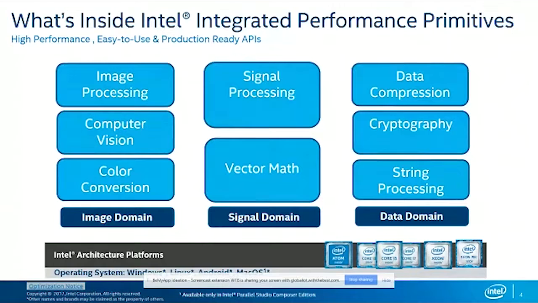So let's look at the first library, Intel IPP. This library is focused on image and signal processing. We have a bunch of domains, like the image processing domain, which can help us process image related questions, for example print images or medical images.